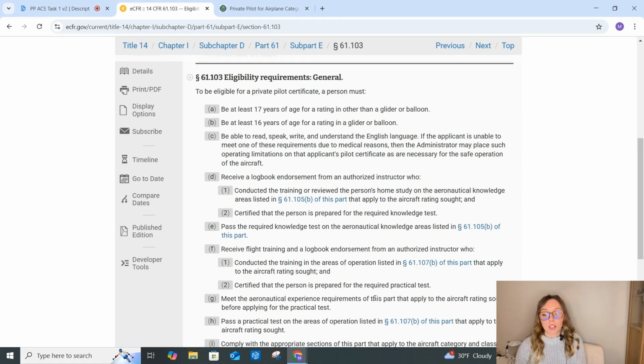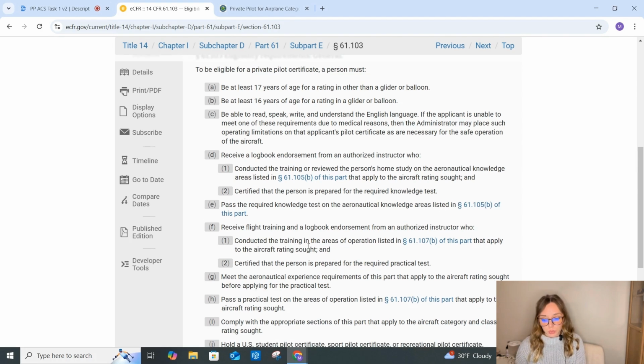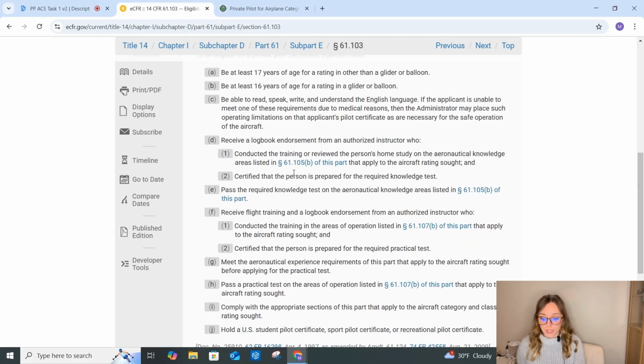D, receive a logbook endorsement from an authorized instructor who, 1, conducted the training or reviewed the person's home study on the aeronautical knowledge areas listed that apply to the aircraft rating sought. So what aircraft rating are you looking for? Are you looking for single engine? Multi-engine? Land? Sea? And certify that the person is prepared for the required knowledge test.